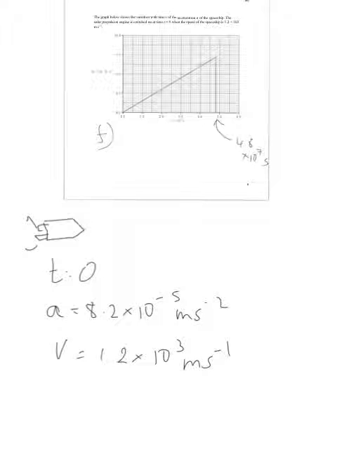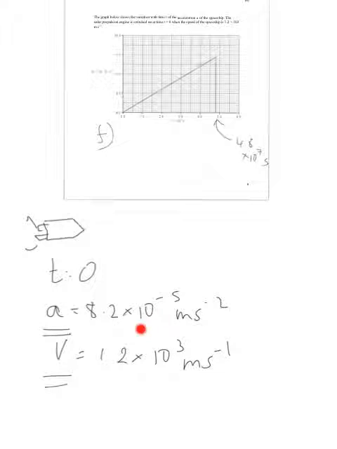At time equals 0 at the beginning, when the engine is just switched on and the xenon is released, you have an initial acceleration of 8.2 times 10 to the minus 5. And this was worked out in a previous question. The velocity at that point, just as the engine is switched on, is 1.2 times 10 to the 3.